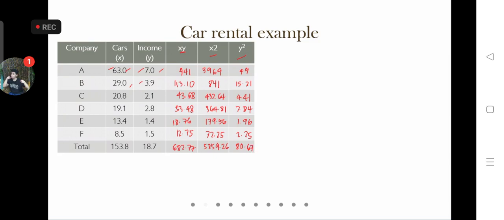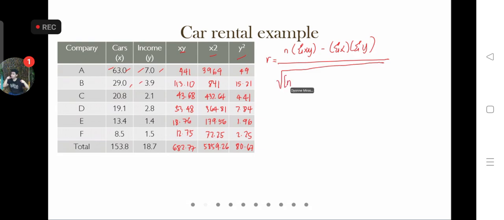So, going back to our correlation formula, R equals N times the summation of XY minus the summation of X times the summation of Y, divided by the square root of N times the summation of X squared minus the summation of X, squared, and N times the summation of Y squared minus the summation of Y, squared.